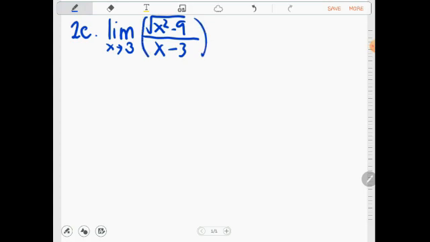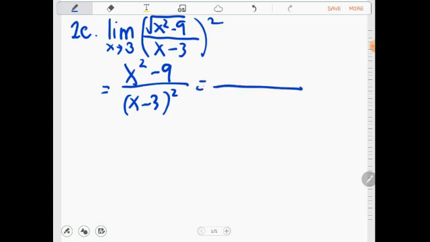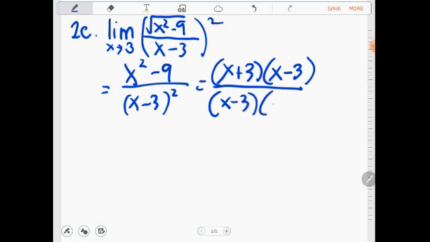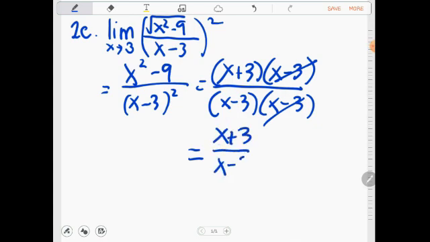So, squared natin ito at ang mangyayari yung numerator natin, ang maiiwan na lang ay x squared minus 9, whereas yung ating denominator ay x minus 3 squared, diba? So kapag in-expand natin yan, this will give us x plus 3 times x minus 3, then sa baba ay x minus 3 times x minus 3. Cancelled. Ang naiwan ay x plus 3 all over x minus 3.